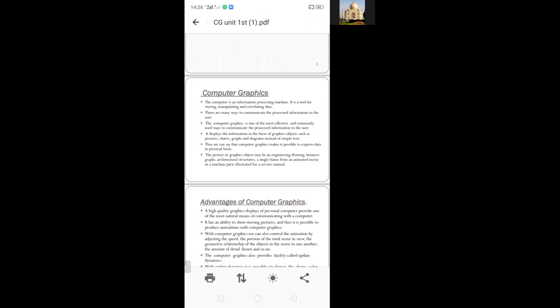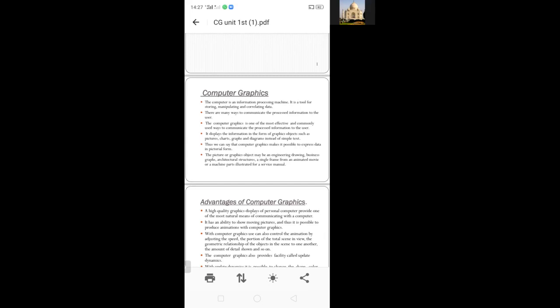Computer graphics: the computer is an information machine. Initially we should know what the computer is. As we know, the computer understands only the language of zeros and ones. So computer graphics is also dealing with zeros and ones.